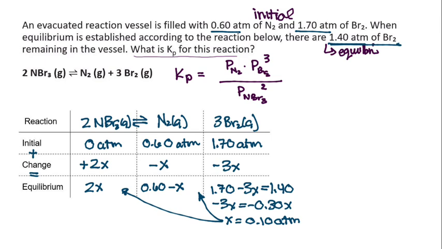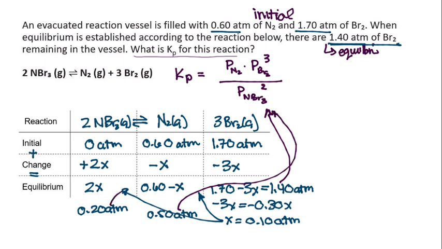At equilibrium, I'll have 0.2 atmospheres of NBr3 and 0.5 atmospheres of N2. And I already know that I have 1.4 atmospheres of Br2. Now I can put these equilibrium amounts back into my equilibrium constant expression and solve for K.